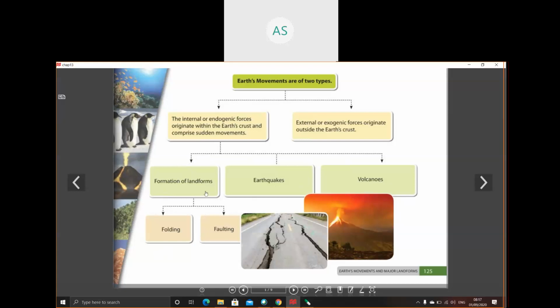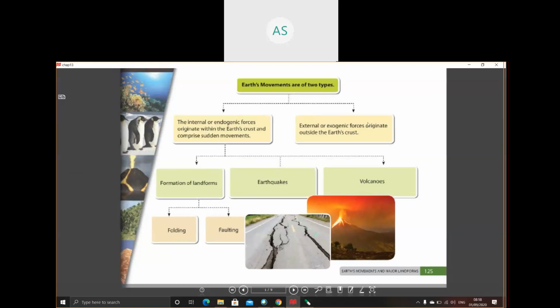Formation of landforms, through folding or faulting, basically means the creation of mountains. Mountain creation and landsliding are examples of the formation of landforms.